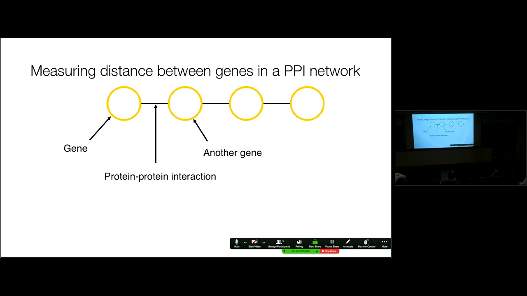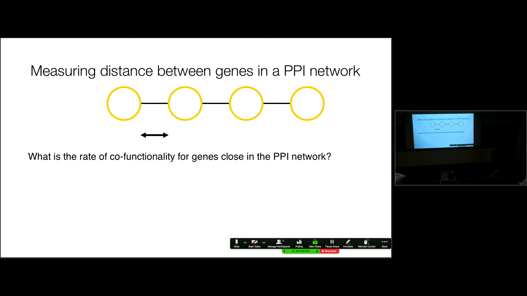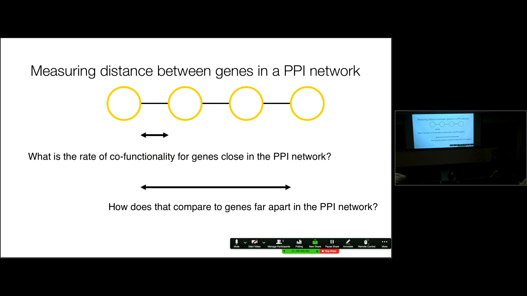Here's a little demo. Imagine that these are genes, the nodes are genes, and the edges are protein-protein interactions. One basic question is whether the rate of co-functionality for genes close in the protein-protein interaction network is different from the rate of genes that are far away in this PPI network.